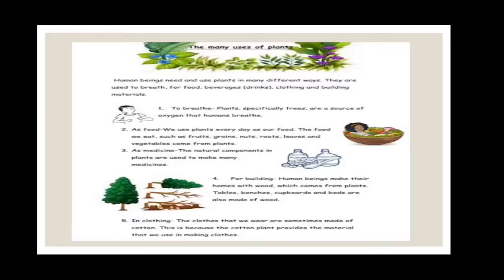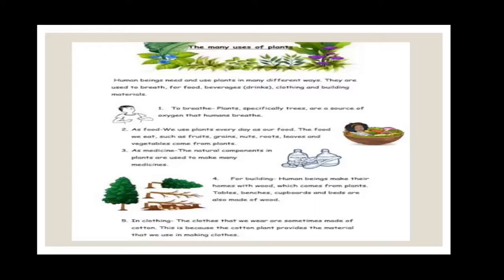Second, as food. We use plants every day as our food. The food we eat such as fruits, grain, nuts, roots, leaves, vegetables come from the plants. As medicine. The natural components in the plants are used to make many medicines. So some plants are used for making medicine.